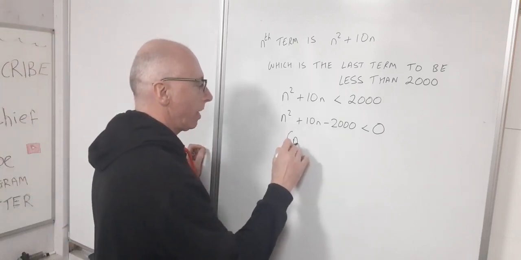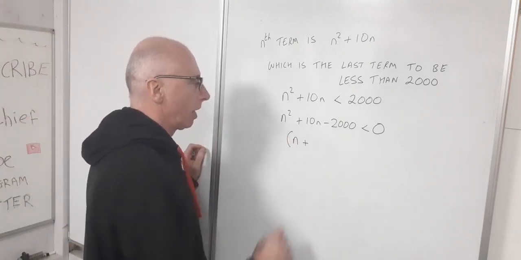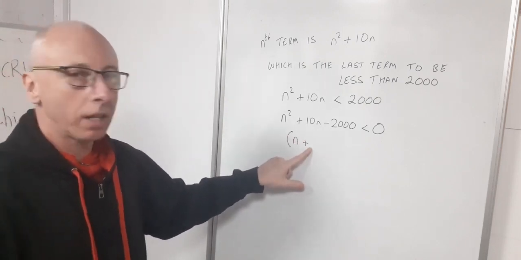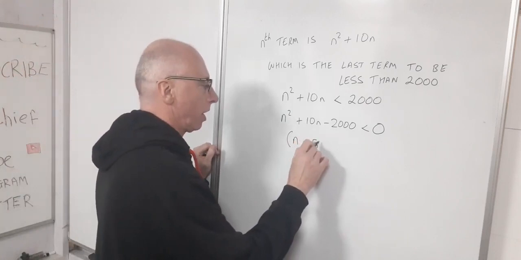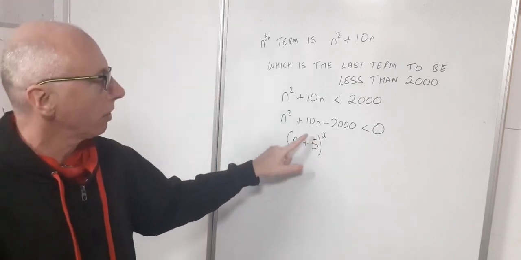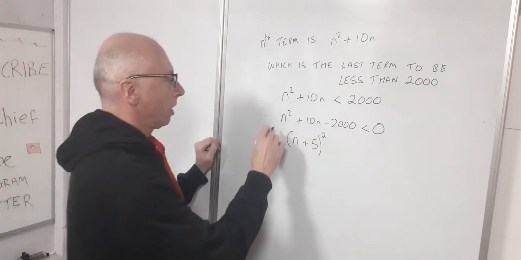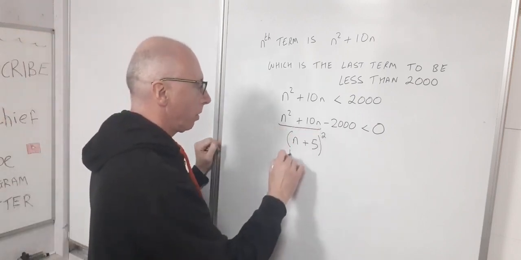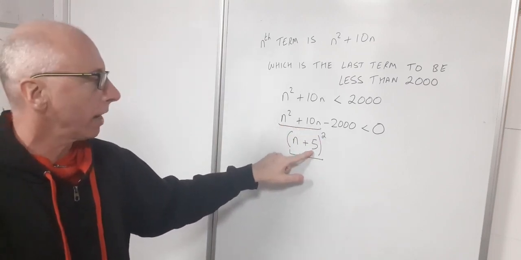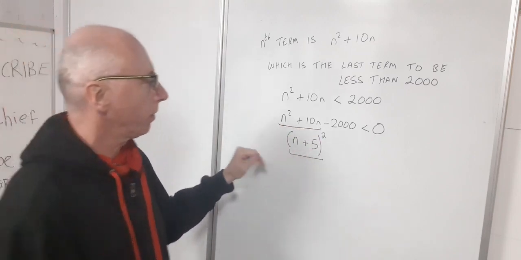So n squared and 10n. So I'll keep my n, a plus sign, and I need half of this b coefficient. So 10 over 2 is 5. And then I square that. But now I've increased the value of this bit here. To be equivalent, I've gained 25 when I square this out, so I now need to subtract 25.